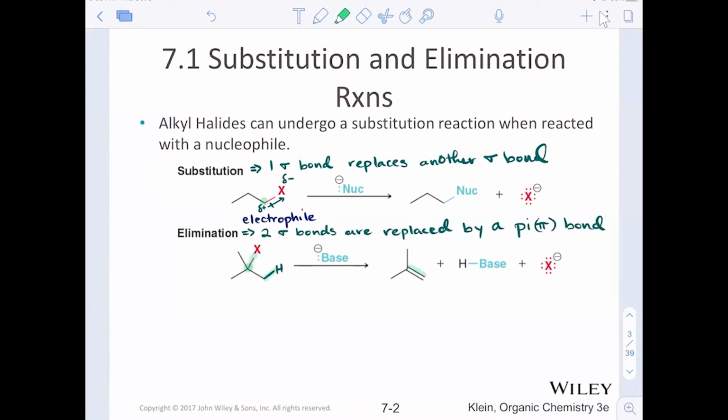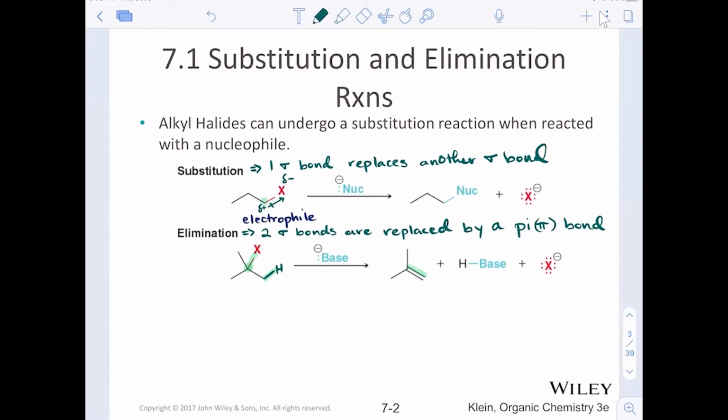Not only is it that alkyl halide bond, the sp3 hybridized carbon to the halogen that's breaking, but also the hydrogen to carbon adjacent to that alkyl halide functional group is also breaking. And the pi bond exists right in between those two in the products.